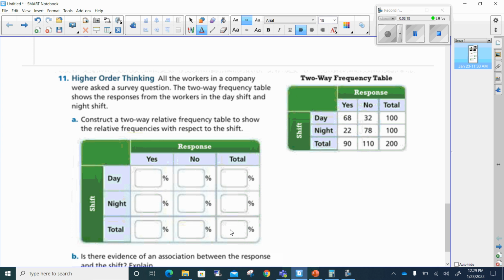So we know down here should be 100. So now next we'll take 68 and divide it by 200.